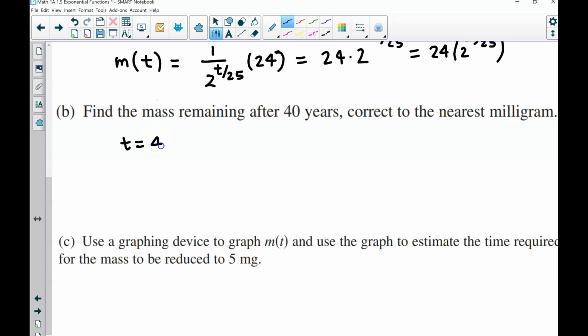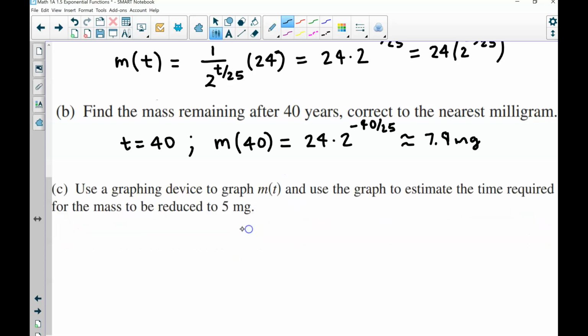So now using our model to predict what that would be, we would have m of 40, which then equals 24 times 2 to the negative 40 over 25. And that gives you approximately 7.9 milligrams. Okay?